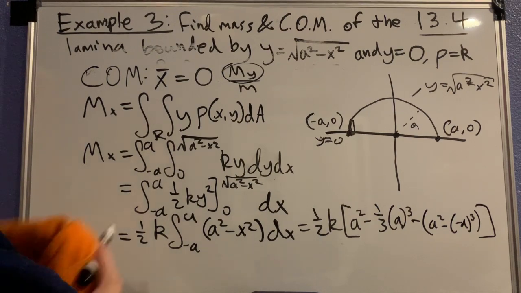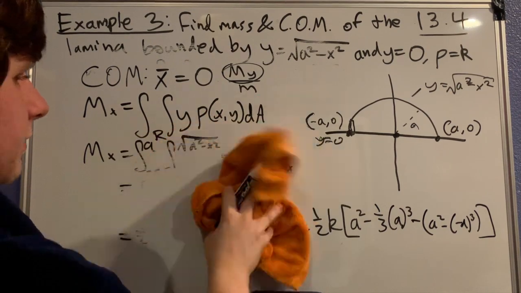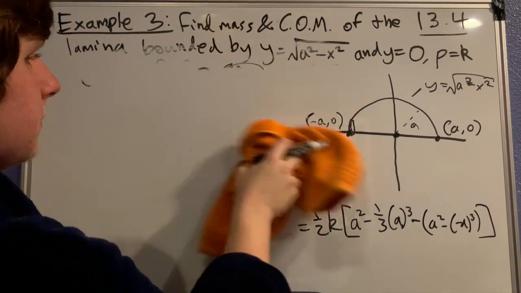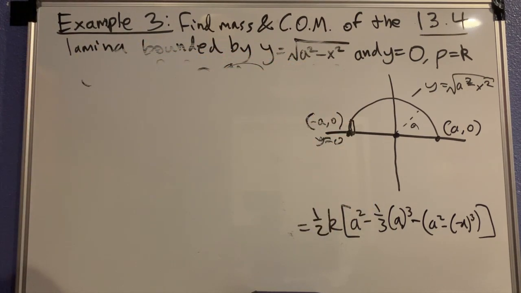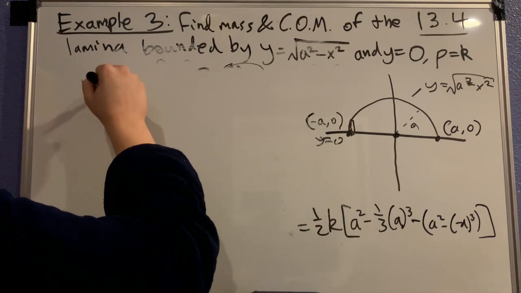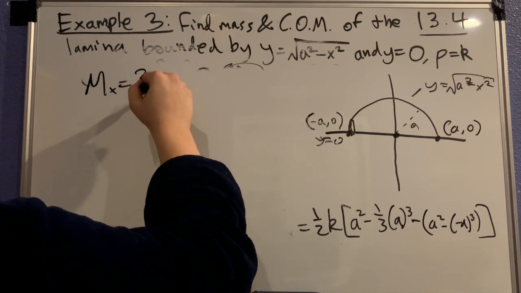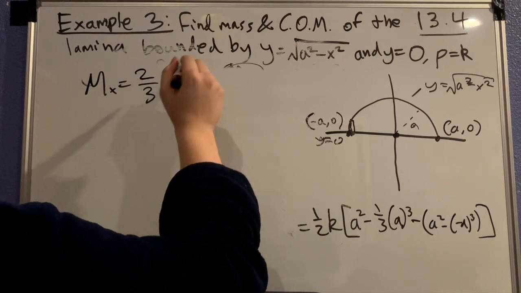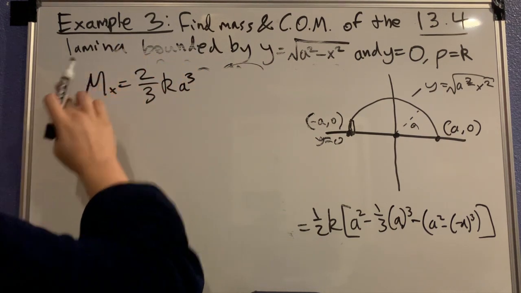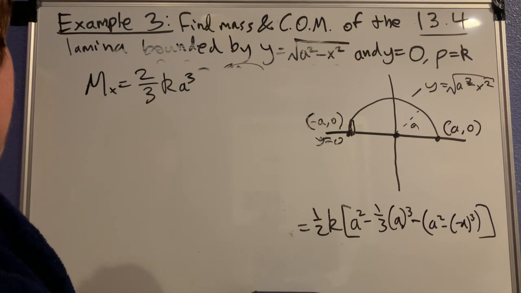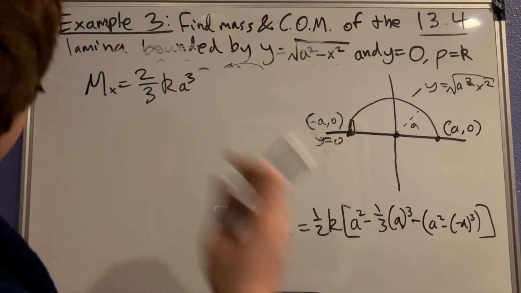Now, I don't have enough space, so I'm going to erase this. Now that is just equal to 2/3 ka cubed. So now that we know that, and we also know the mass, and we also know x bar, we're able to find y bar.